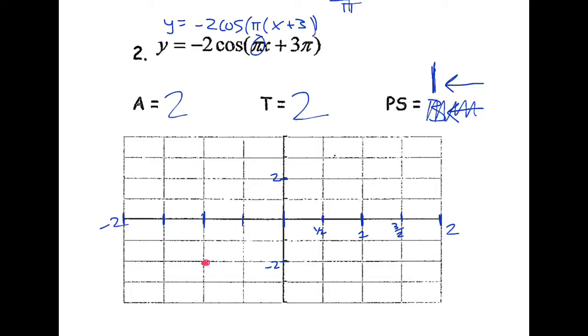So my first point is going to be right there, and then each little quarter increment of the whole, which is really equivalent to 1/2 unit, each 1/2 unit I'll be jumping to a different end of my graph, going between the minimum, the 0, and the maximum, and I'm going to continue to oscillate back and forth between those two values, and I should end up with a graph that's going to follow this pattern.